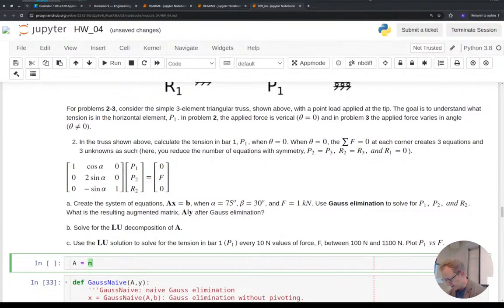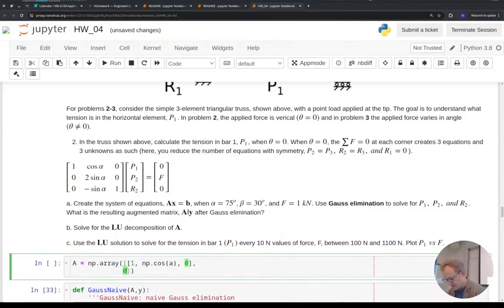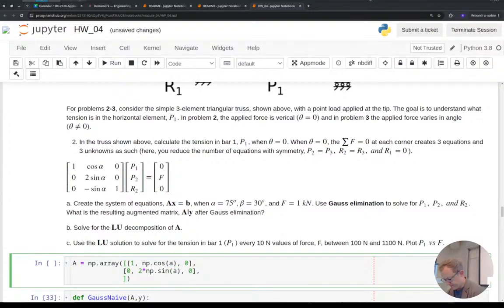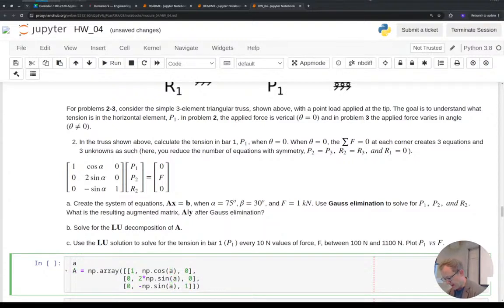So I can say this matrix is a 1, cosine of A, a 0, a 2 times sine of A, and a 0, and then a 0, negative sine A, and a 1. And I'll say that alpha angle is 75.